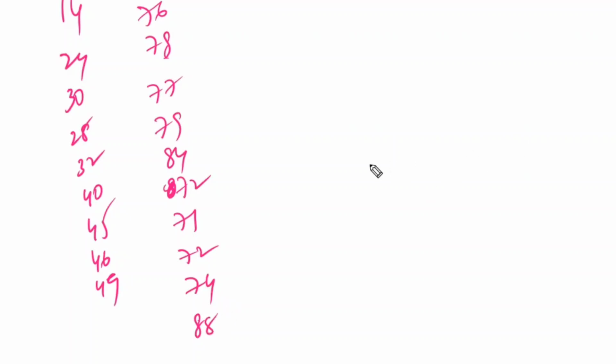Okay. So now first 0 to 10. How many are there from 0 to 10? 0. So no need to draw. From 10 to 20, one value. From 20 to 30, how many values? Again, one value.